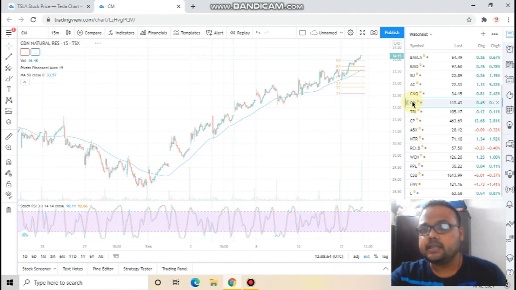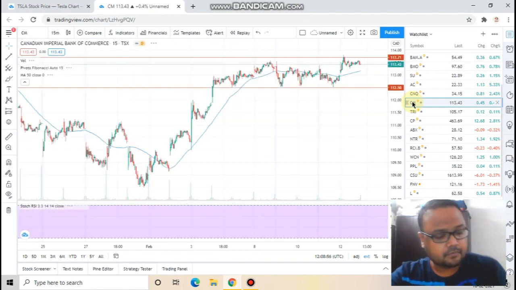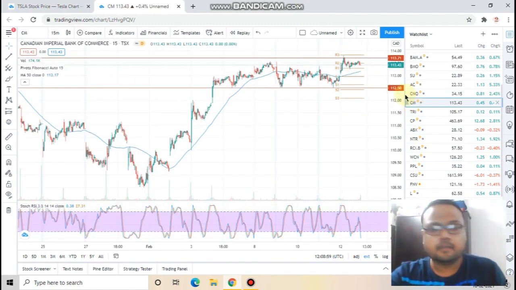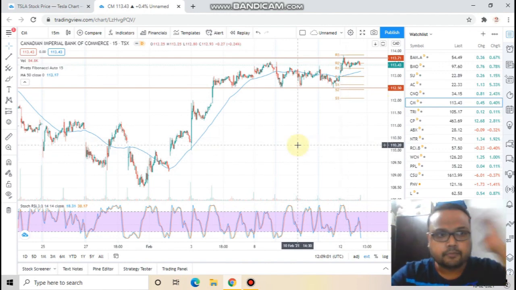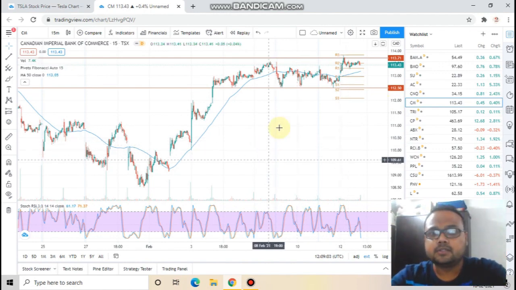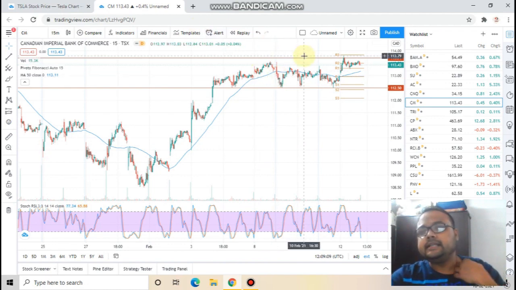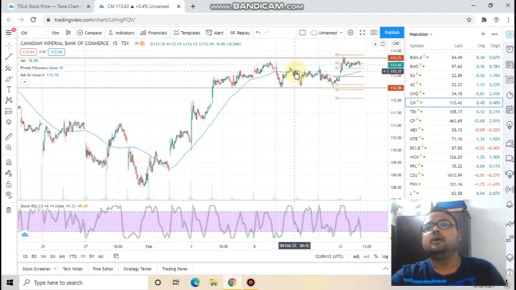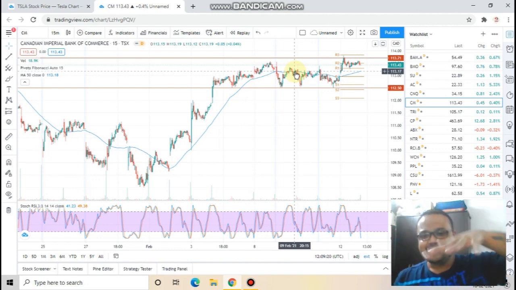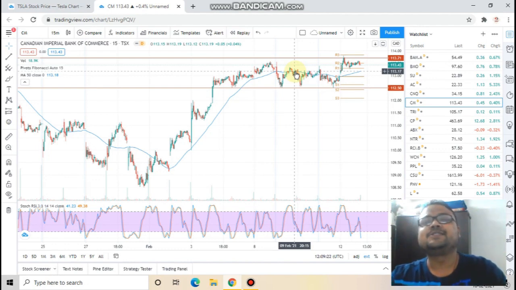The next stock is CM, Canadian Imperial Bank of Commerce. Right now trading at 113.43, and extreme support is seen at 112.50, and resistance at 113.71. I have shown this because the support is much stronger in comparison to the resistance.